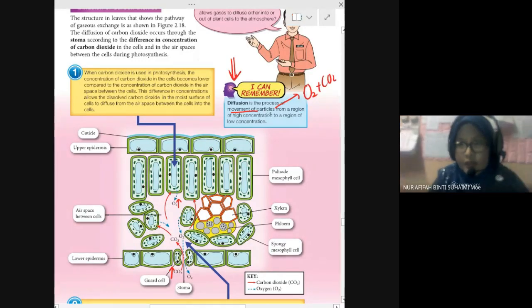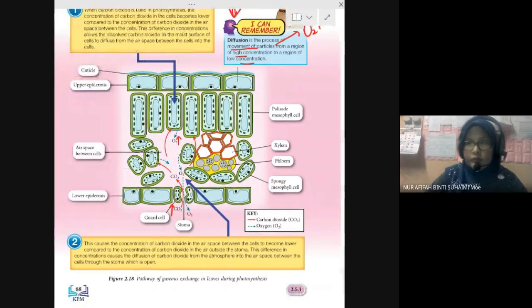The movement of particles, which are oxygen and carbon dioxide, from a region of high concentration to low concentration. So the diffusion of carbon dioxide occurs from high carbon dioxide to low carbon dioxide.